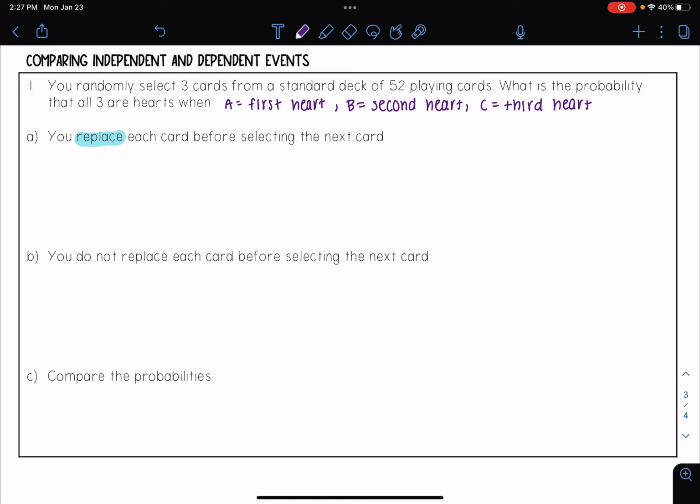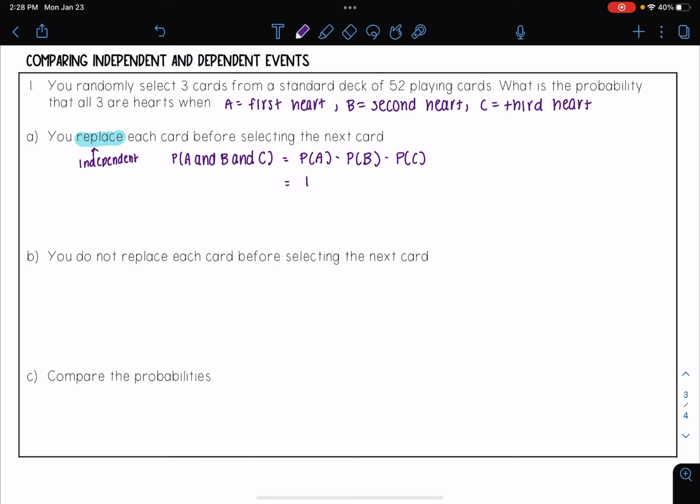So this replace means that it's going to be independent. That means since I'm replacing the card, what I choose first isn't going to affect what I choose second. So the probability of A and B and C is just going to equal the probability of A times the probability of B times the probability of C. Well, the probability of choosing a heart, there are 13 hearts in total out of the 52 total cards.